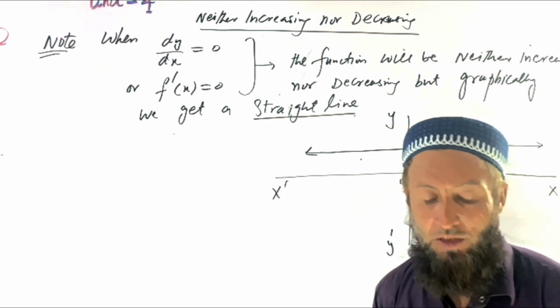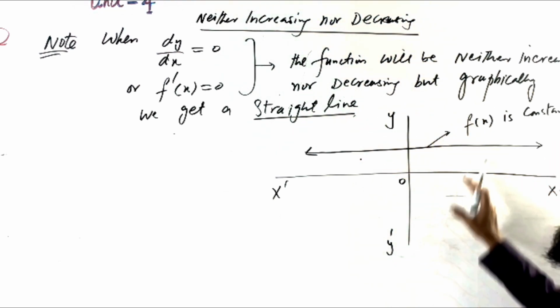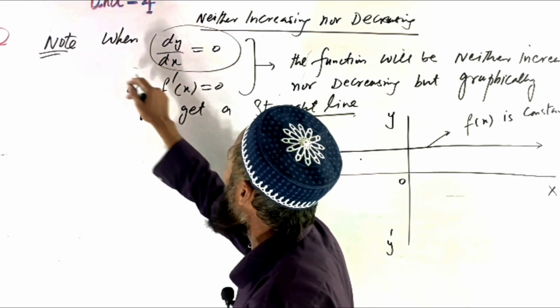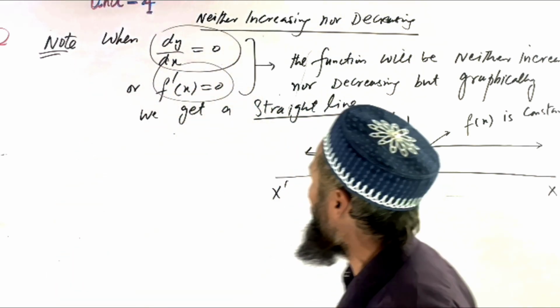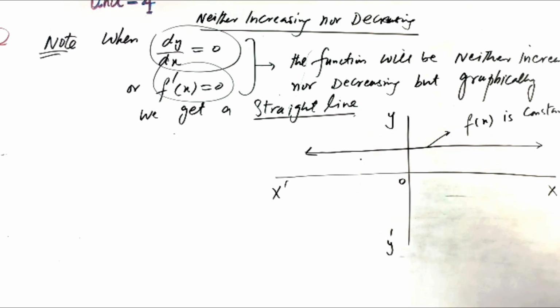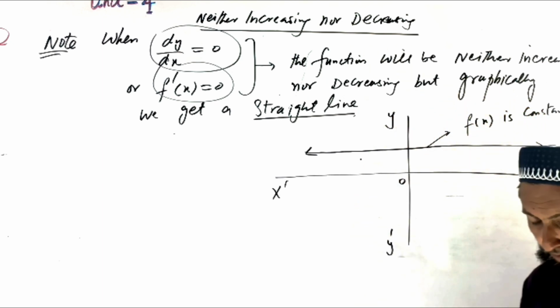That value is such because there is neither increasing nor decreasing. If we are finding the derivative of this function, the result will be equal to 0, or f dash is equal to 0. So that type of function is called a constant function, and the result will be called neither increasing nor decreasing.